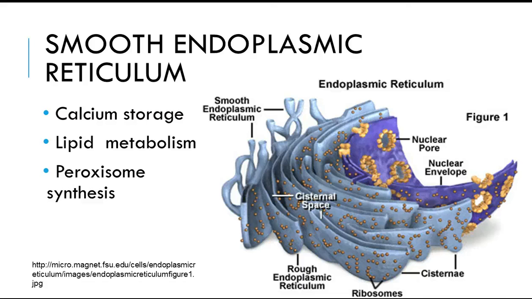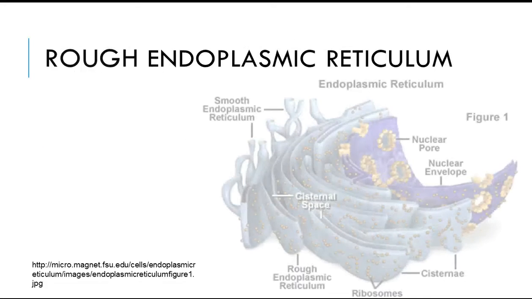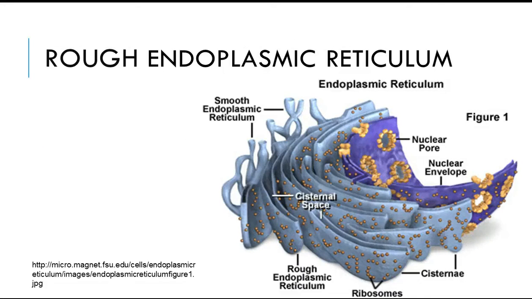If we contrast that to the rough ER, the term endoplasmic reticulum is dealing with just the network of membranes. So some are smooth and some are rough. We described the smooth ER as being tubular. But if we contrast that to the rough ER, how would you describe this? It's kind of like rows or walls.